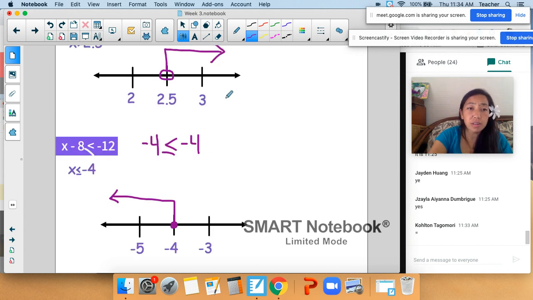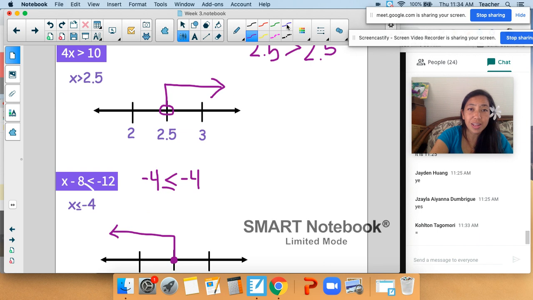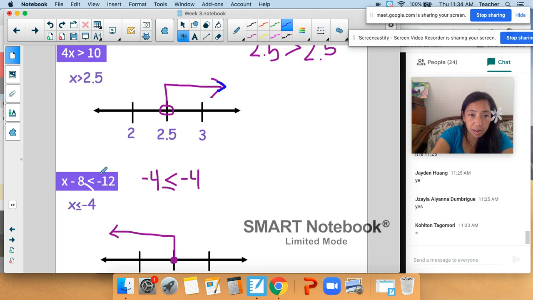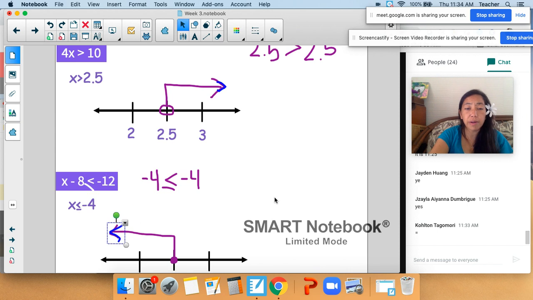Now here's a little trick I like to show. If your variable is on the left side in the inequality, the inequality symbol will point the direction of your graph. Like this one was less than, that inequality symbol points the direction of my graph.